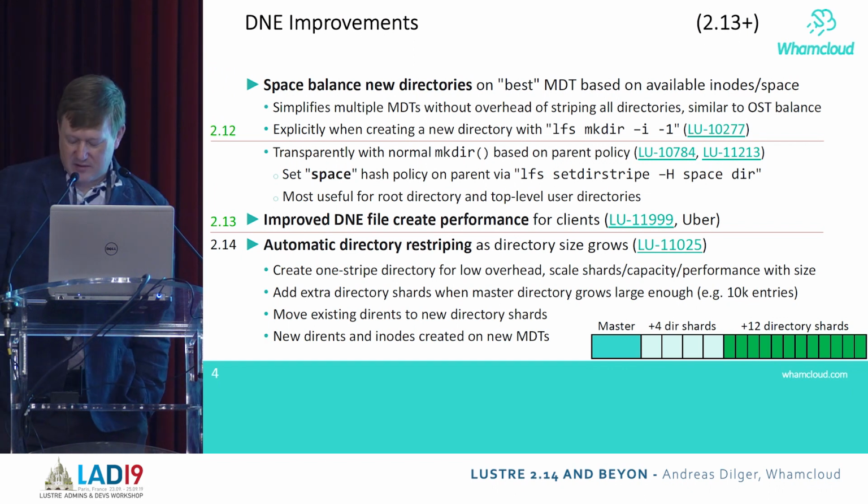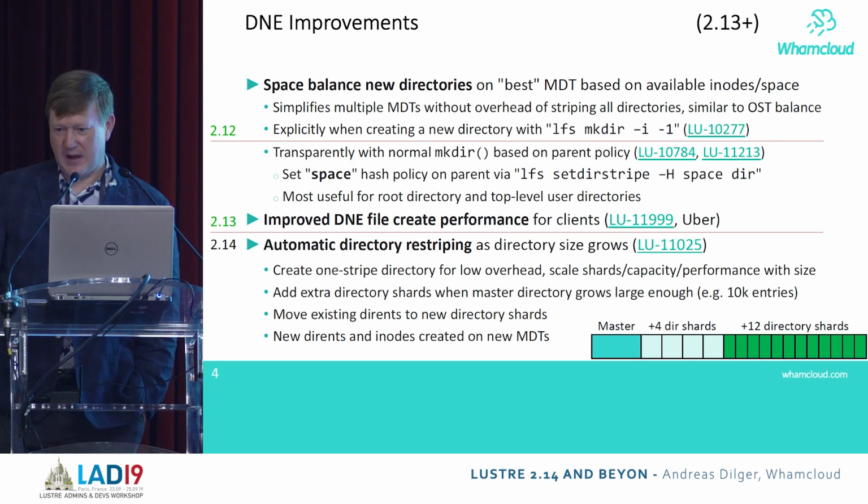DNE is something that's been around for a while, but one of the issues that we found with it is that the functionality was there, but it was hard for people to use. Because you don't know in advance if you need a striped directory or not, and balancing space usage across MDTs is a bit of a challenge, so we started making DNE easier to use.